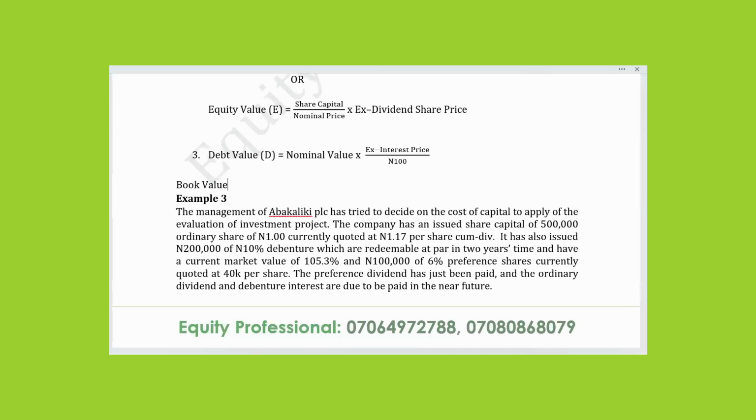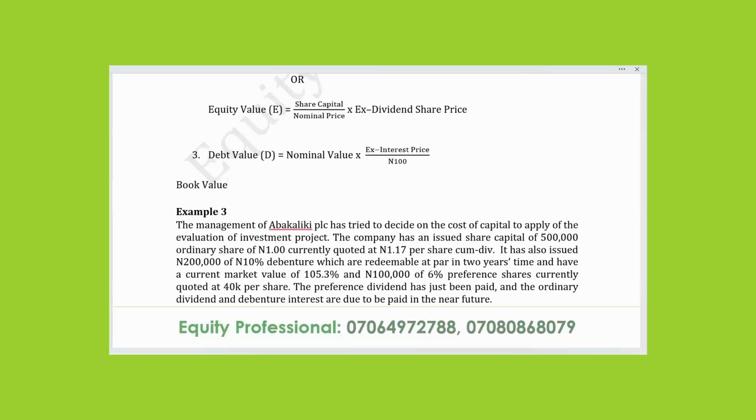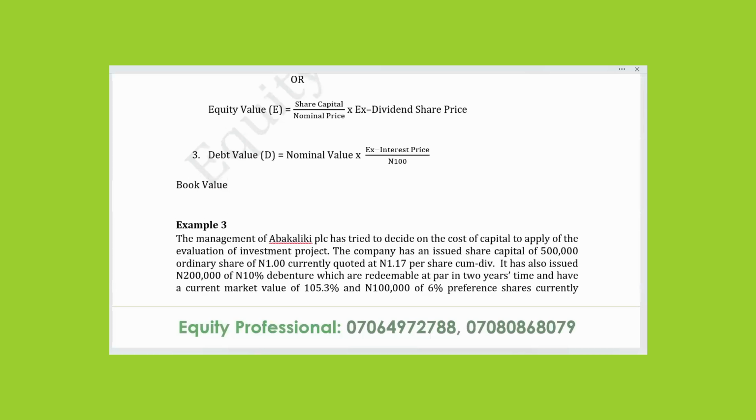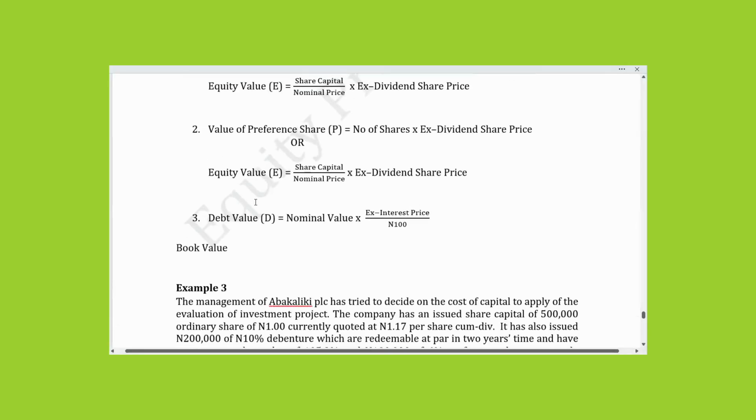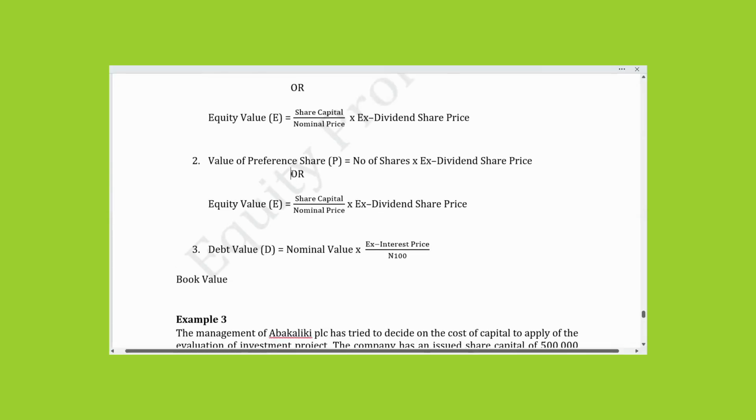Evelyn, what's your question? Talk to me. Okay, sir. So the preference shares, you said it's number of shares. Your line is inaudible. I'm struggling to hear you. Evelyn, can you come closer to the mic or to your speaker? Can you hear me now?